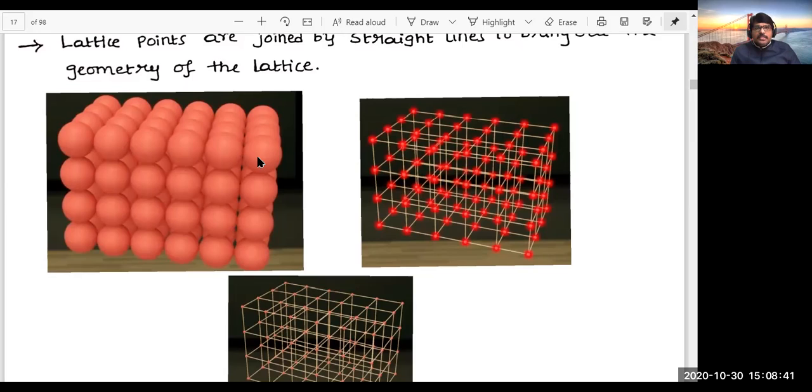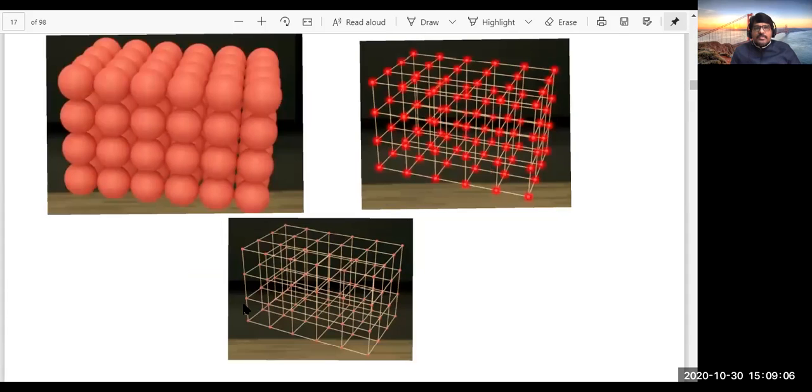If the particle is replaced with a point, then whatever you get is called a crystal lattice, also known as a space lattice.